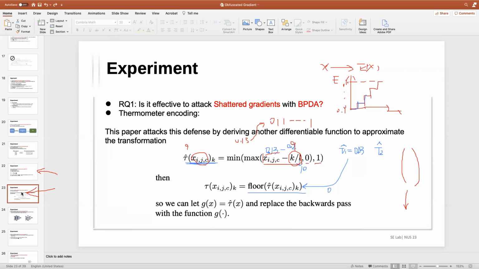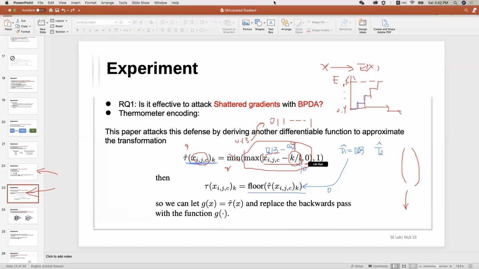But the point is that either this component will be a value greater than 1, or this should be a max. I'm not sure if this is max. Anyway, let's forget about this formula. We can always find such a formula, choosing a max and the minimum between 0 and 1.